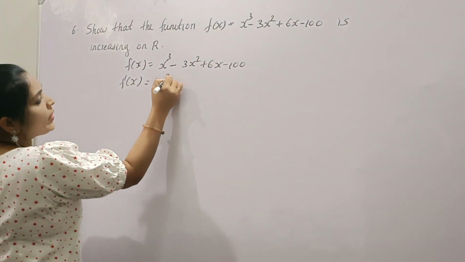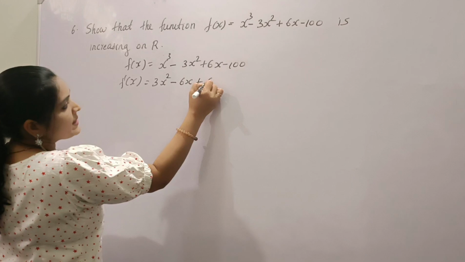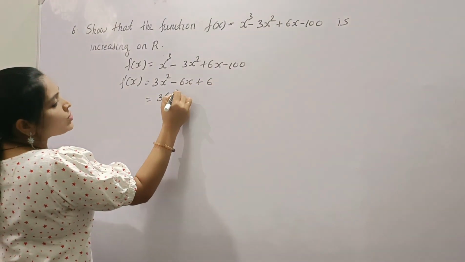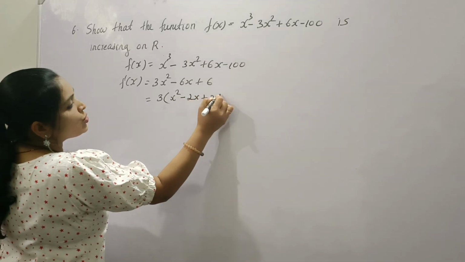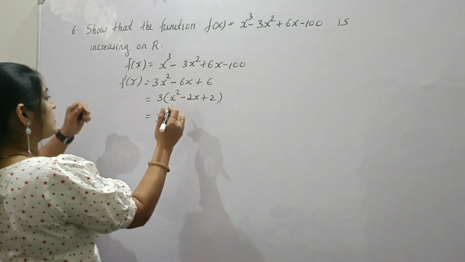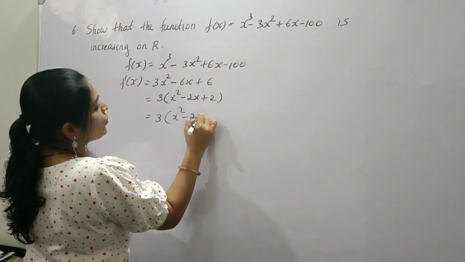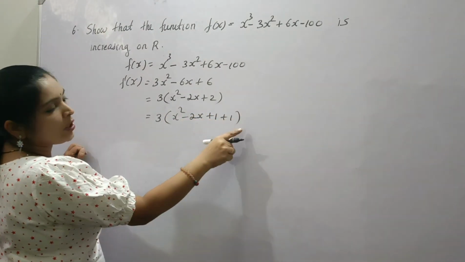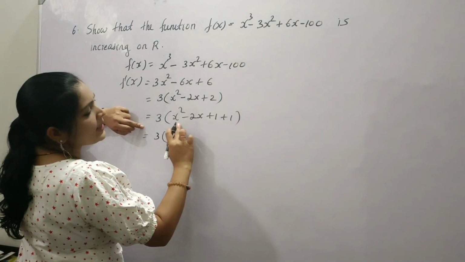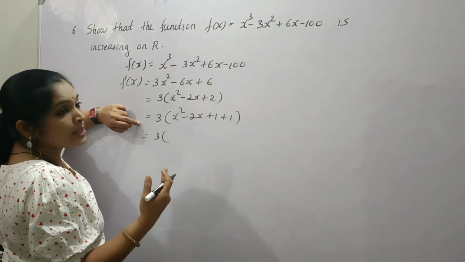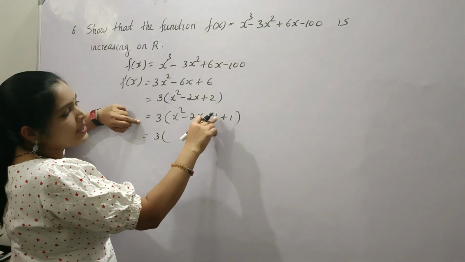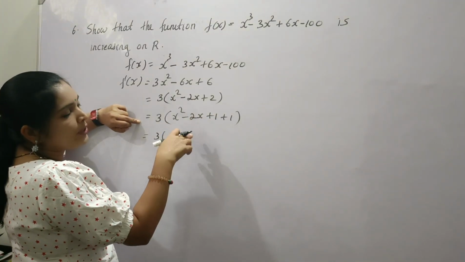That is 3x square minus 6x plus 6, right? So let's take 3 outside, 3 is common. 3 into x square minus 2x plus 2, right? That is equal to 3 into, we can write it as x square minus 2x plus 1, plus 1. Because this can be written as x minus 1 whole square, since 1 square is 1 and 2 into minus 1.